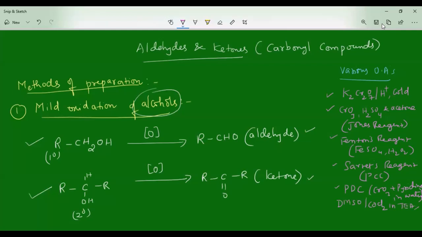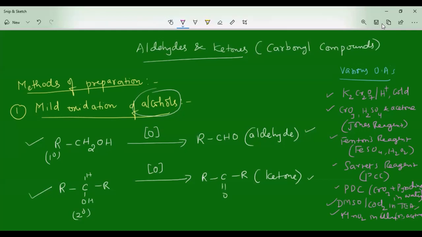We have so many other reagents, like manganese dioxide in CCl4, or in acetone. That is also one important thing.